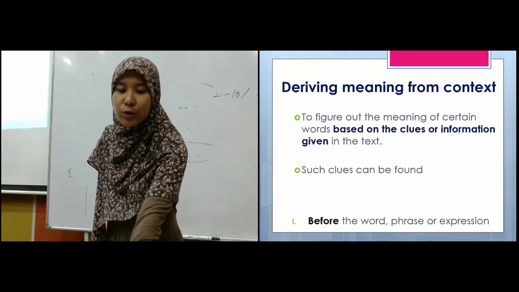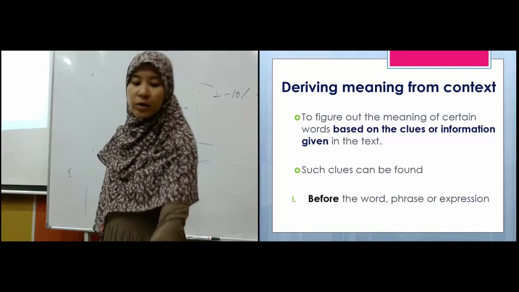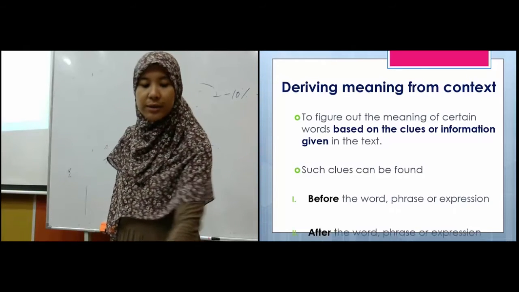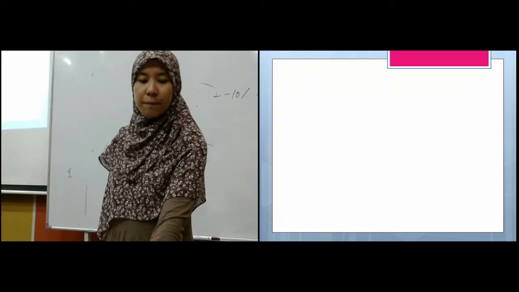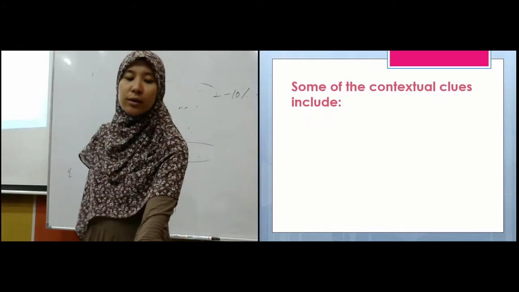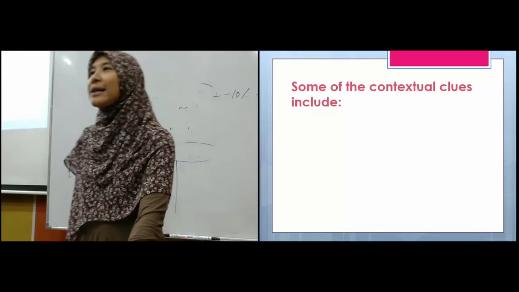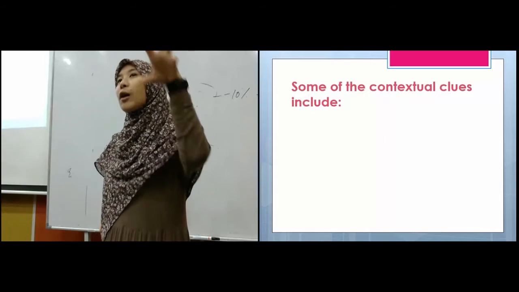Okay, such clues can be found, number 1, before the word, phrase or expression. I'm going to show an example after this. Number 2, after the word, phrase or expression. We call them contextual clues because the clues to the word come from the text.